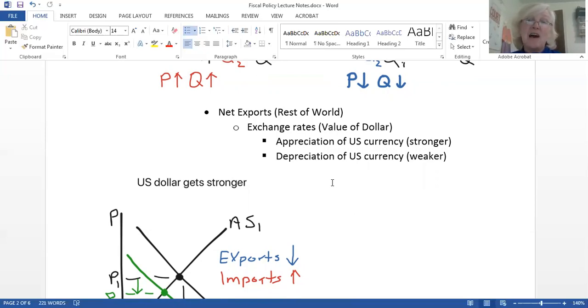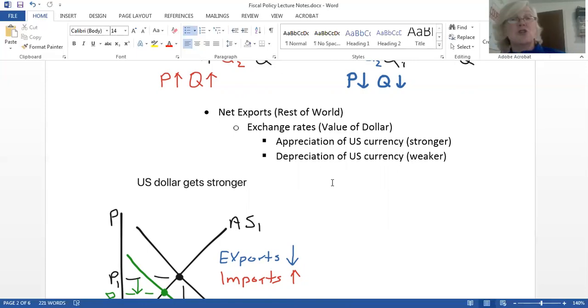It takes a lot of Japanese yen to buy our goods and services when the exchange rate is in our favor. When our dollar is getting stronger, that means that our exports are going to fall. A fall in exports, if we can't sell to the Japanese because our prices look too high, because it takes more yen to buy our products, right? That is not good for GDP. Strong dollar, bad for GDP.